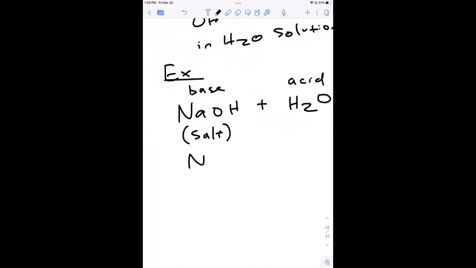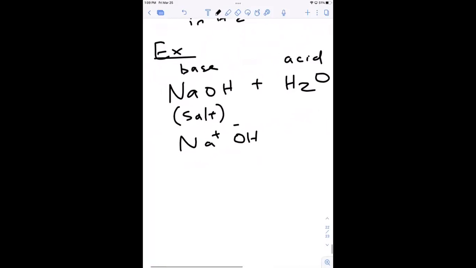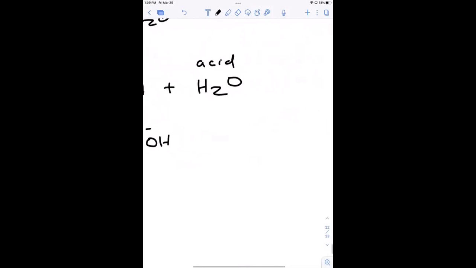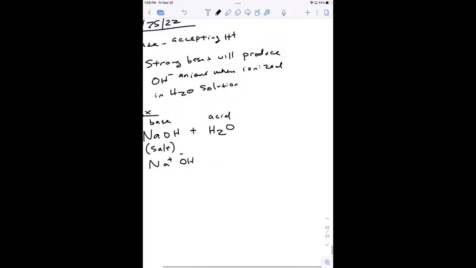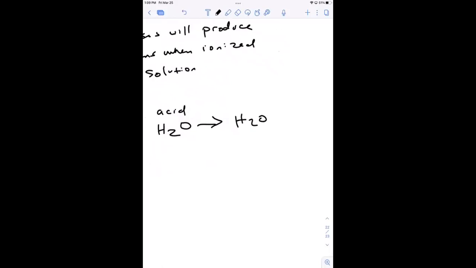So it's made up of Na plus and then OH minus, so it has a cation and an anion. So when that ionizes, you're going to get water plus Na plus OH minus.